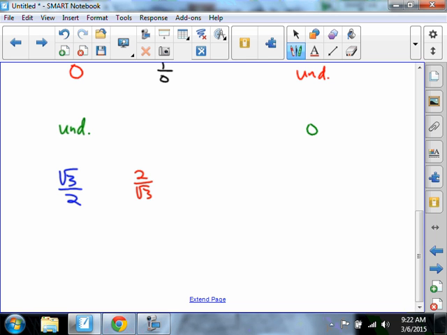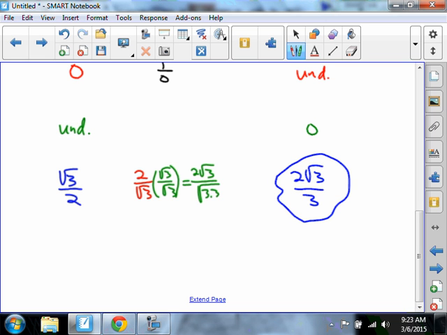So we multiply by rad 3 over rad 3, which gives us 2 rad 3 over rad 3 times rad 3. And rad 3 times rad 3 is the square root of 9, which is 3. So this is going to be 2 rad 3 over 3. That's probably the worst for people to memorize. Wow, that's a lot of stuff.